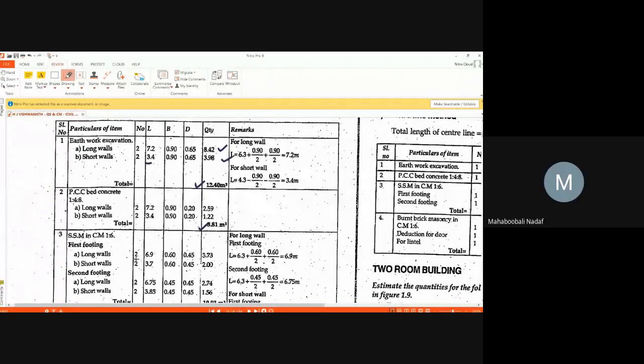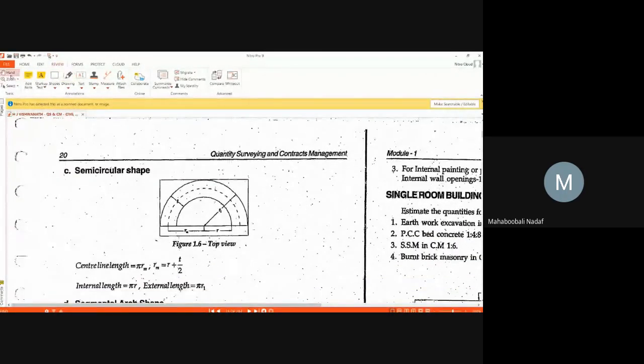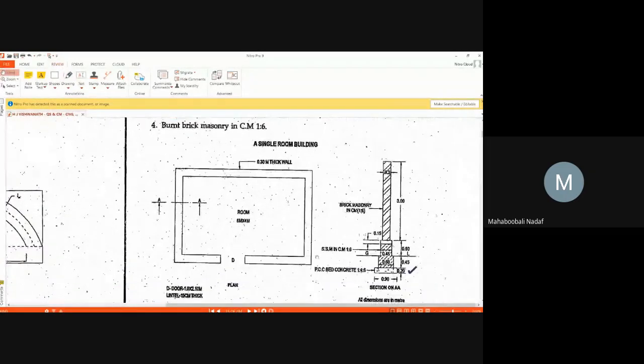See, first, what you are writing: when you see the cross section, how many footings are there? Two, sir. Below the ground level one footing, above the ground level one footing, means two footings are there. For the two footings, long wall, short wall. Below the ground level, 2 long walls, short walls.